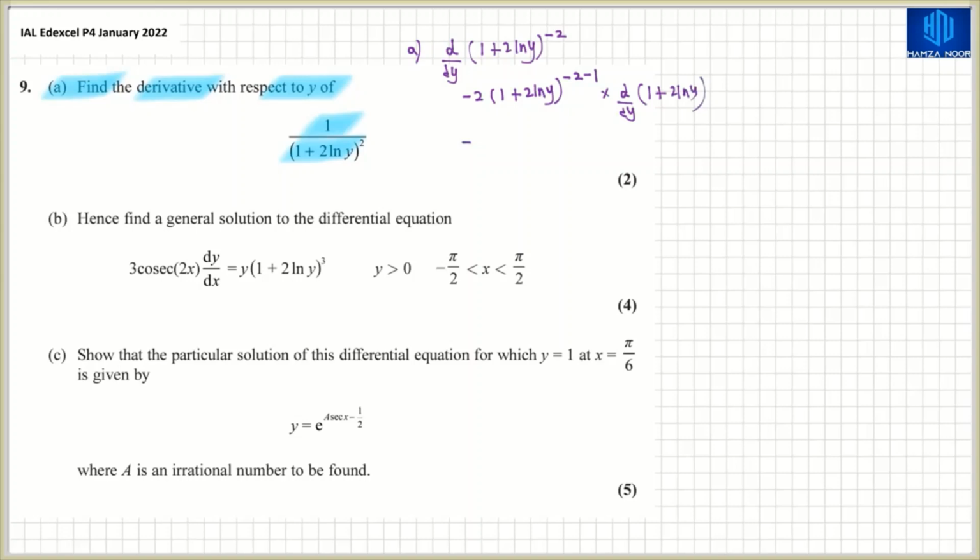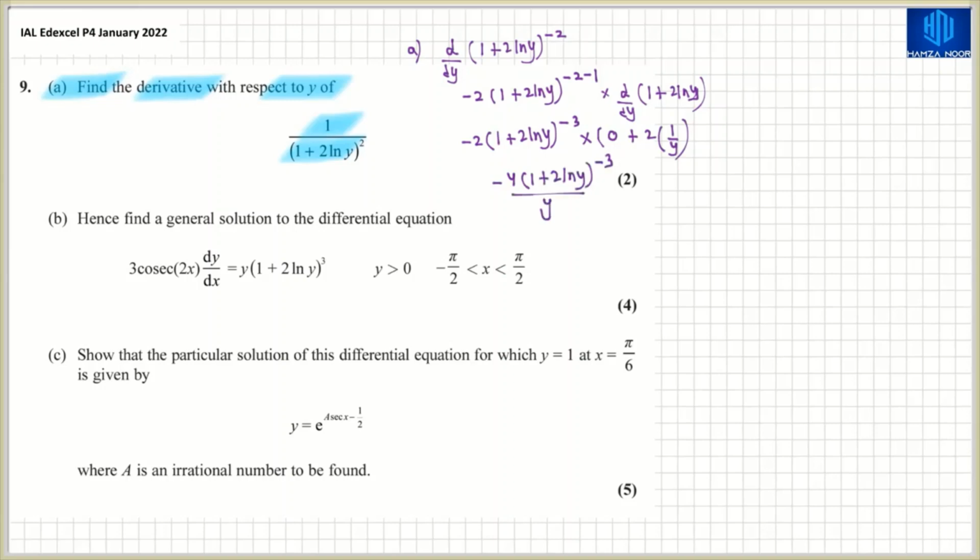So minus 2 multiplied by (1 plus 2 ln y) raised to the power minus 3, multiplied by, when 1 is differentiated it becomes 0, and when 2 ln y is differentiated this becomes 2 multiplied by 1 over y. Minus 2 is multiplied by this 2, therefore minus 4 multiplied by (1 plus 2 ln y) raised to the power minus 3, and this is divided by y.